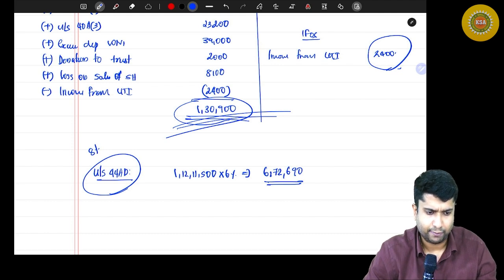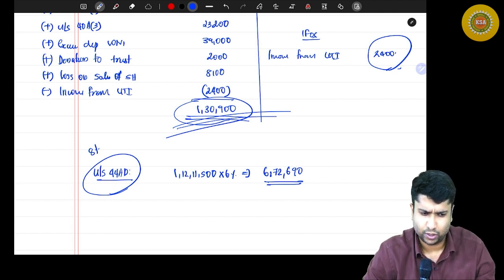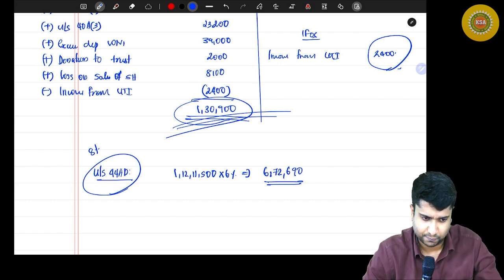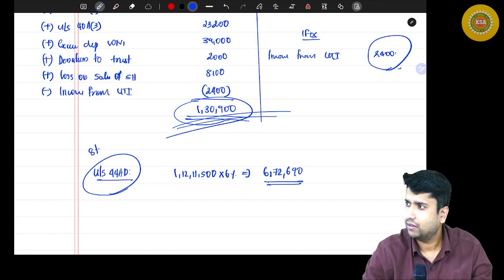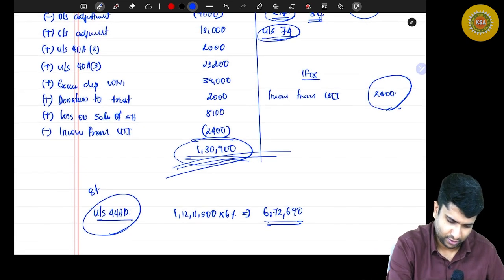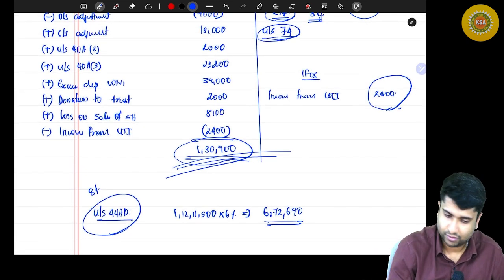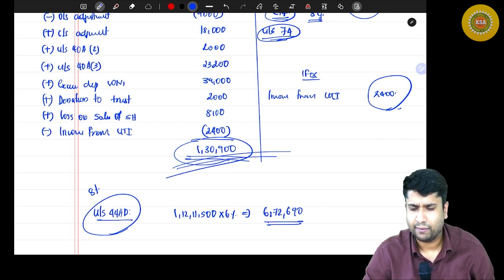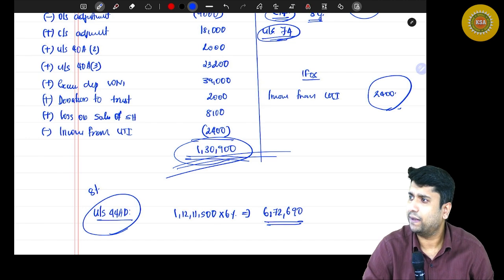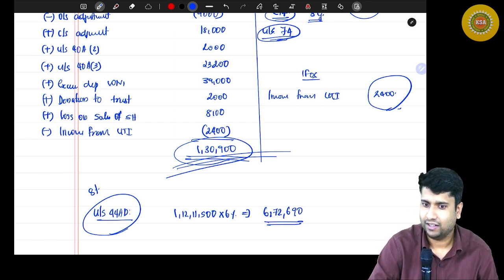Why is the amount of 23,200 taxable on 6%? 23,200. That is an expense, okay.